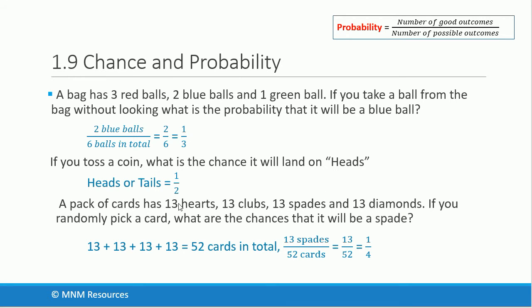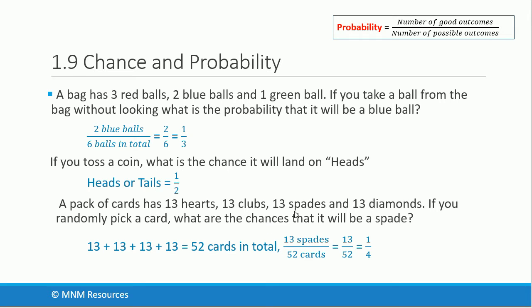The total number of possible outcomes is always the total of all the outcomes involved. So you have 13 hearts plus 13 clubs plus 13 spades plus 13 diamonds. You have 52 cards in total. So that's your total number of possible outcomes. It can be any of the 52 cards. What is the chance of it being a spade?